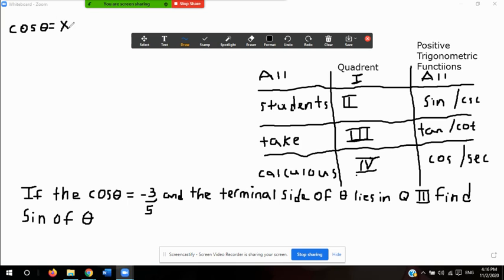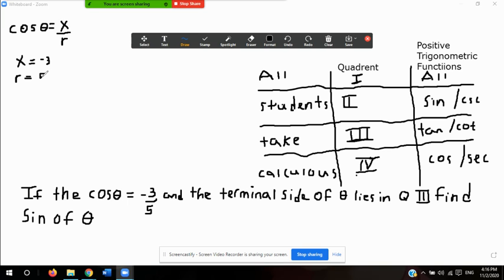So that means that we can find a way to find the missing trigonometric function. In this case, x equals negative 3, and r in this case is positive 5. So r equals 5.